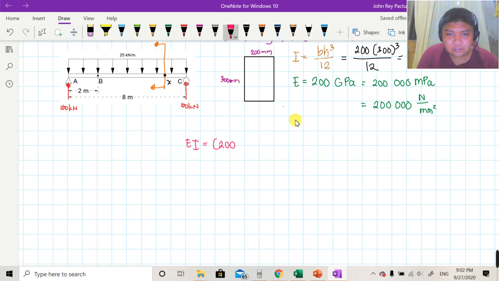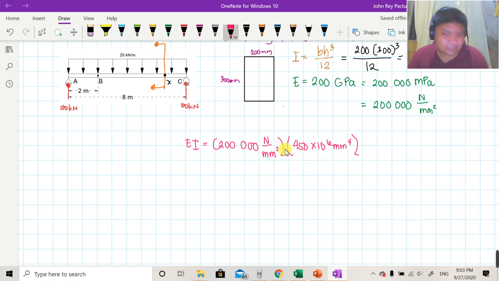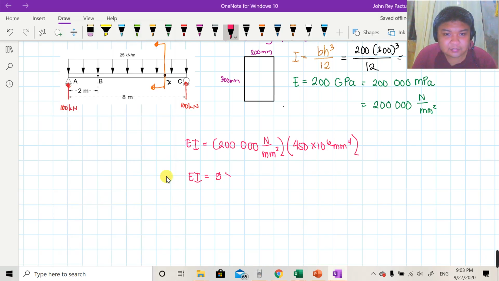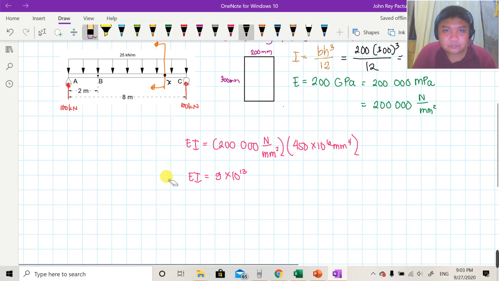So, nilalagay ko yung dimensions class para hindi nakakalito. So, at the same time, 450 times 10 to the 6 mm to the 4th. So, ang mangyayari class, kung titingnan nyo to, naka mm squared tapos mm to the 4th, di ba dapat maging Newton mm squared. So, that is equal to, pag kinompute mo siya class, 200,000 tapos 450 times 10 to the 6, ang lalabas is 9 times 10 to the 13 Newton mm squared.